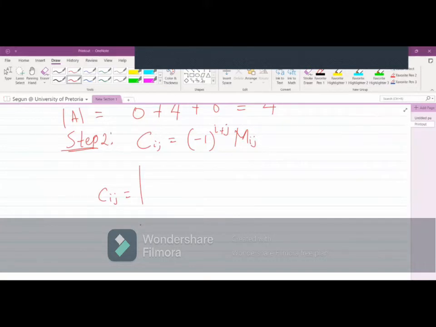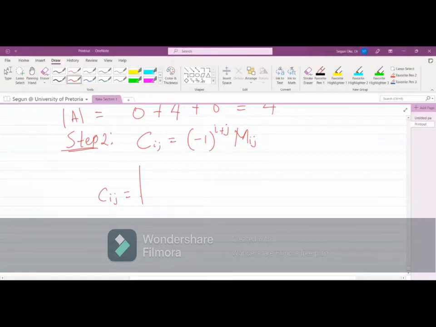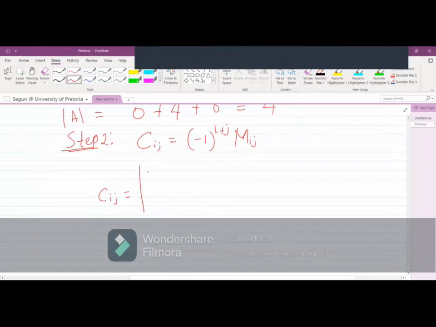Okay, let's continue. Now, when it comes to cofactor, what are the things we need to know? Remember, we are working on a 3 by 3 square matrix, which is C11, C12, C13, C21, C22, C23, then C31, C32, C33.